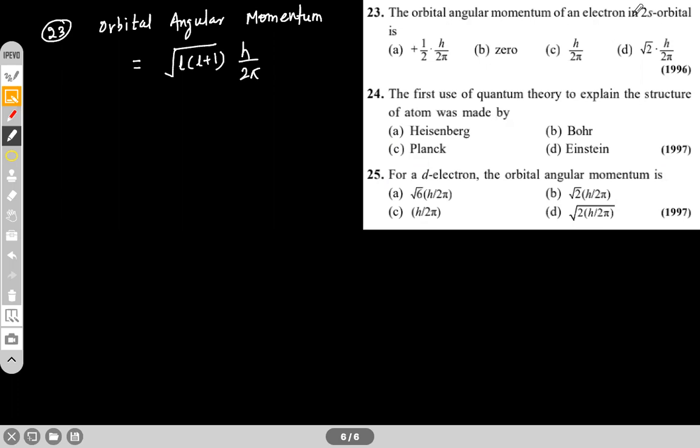We have the 2s orbital. L is equal to 0 for the s subshell, for p it is 1, d it is 2, f it is 3. Substituting 0 here, the orbital angular momentum comes out to be 0 for this one.